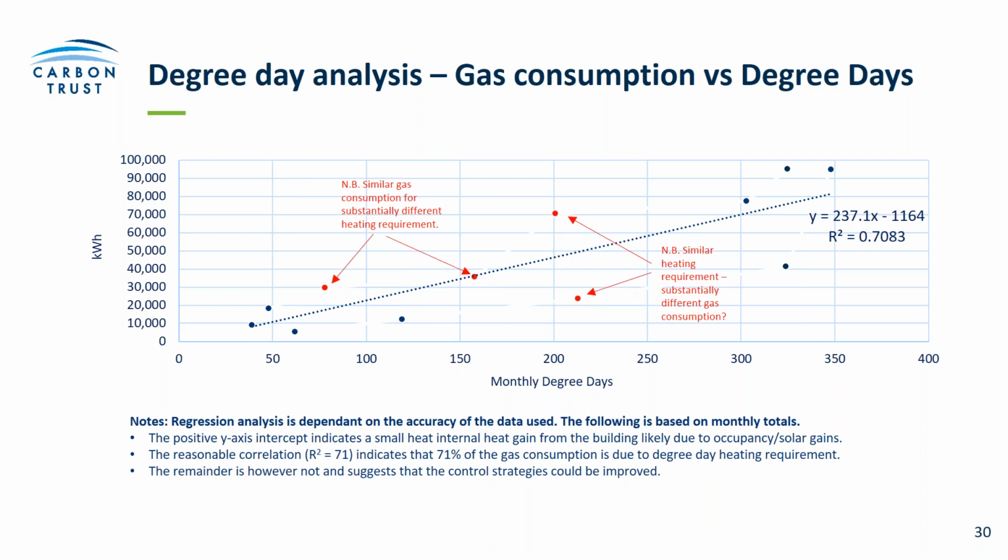Again, just highlighting the obvious anomalies: for similar degree days on the right-hand graphic there, there's a significant change in how much gas was used, and similarly for very similar gas consumption, the actual heat requirement that the model predicts is also significantly different as well.